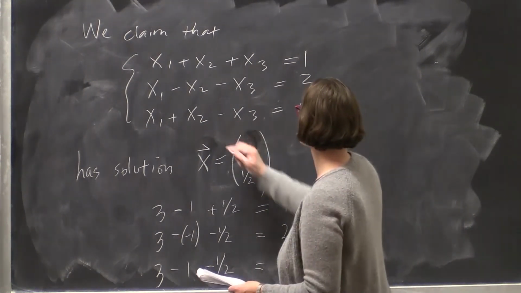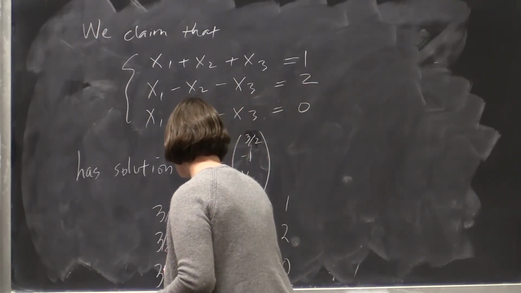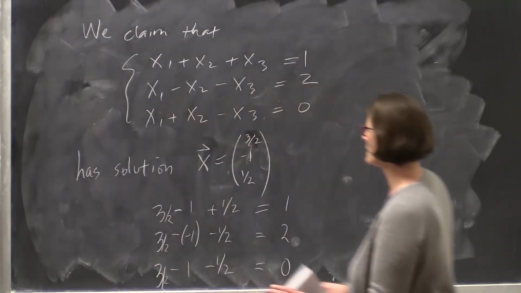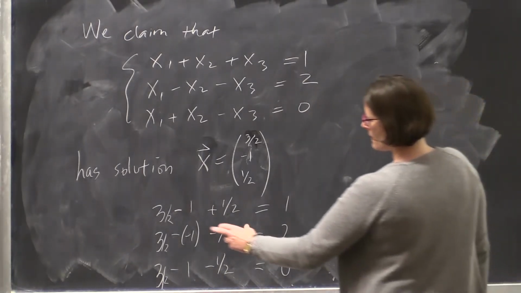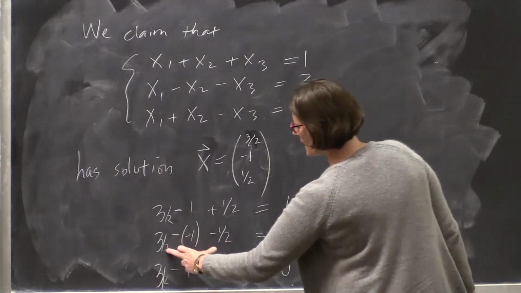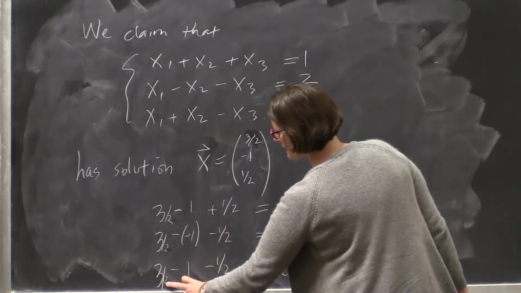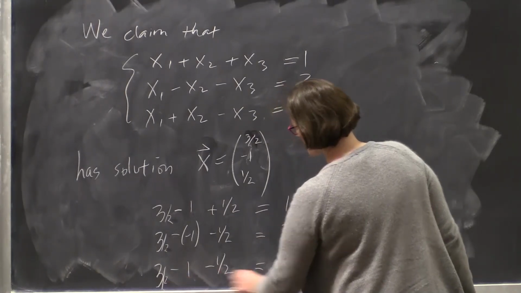Oh, 3 halves. 3 halves, 3 halves, 3 halves. Okay, now I'm happy. 3 halves plus 1 half is 2, minus 1 is 1. 3 halves minus 1 half is 1, plus 1 is 2. 3 halves minus 1 half is 1, minus 1 is 0.